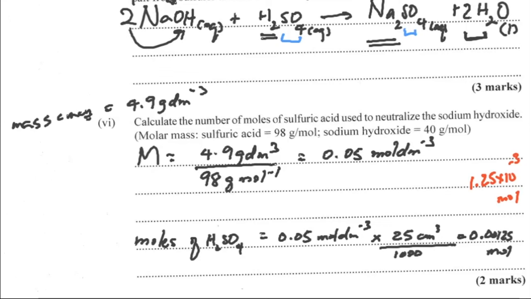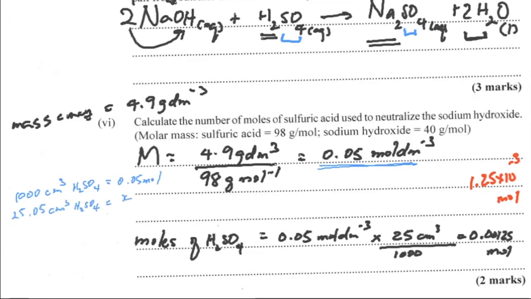We could have said, okay, since this is the molar concentration, 1,000 cm cube of the sulfuric acid contains 0.05 moles, and we sampled 25.05 cm cube of the same solution. So how many moles will we have present?